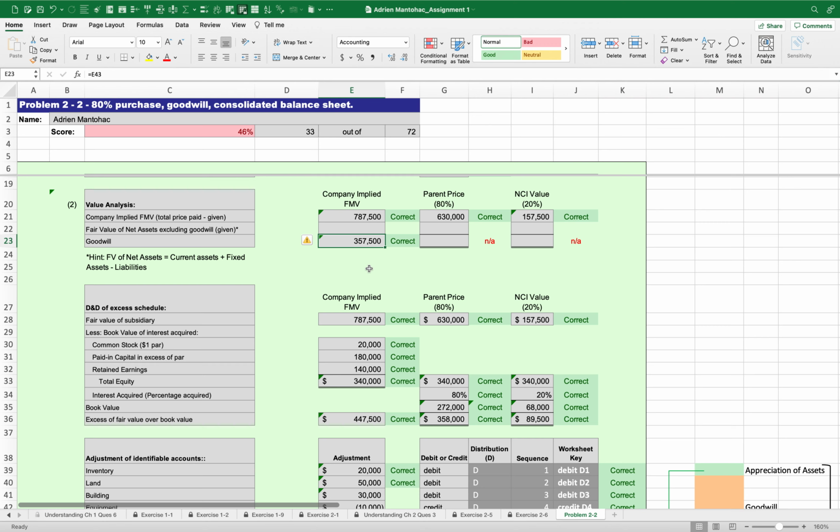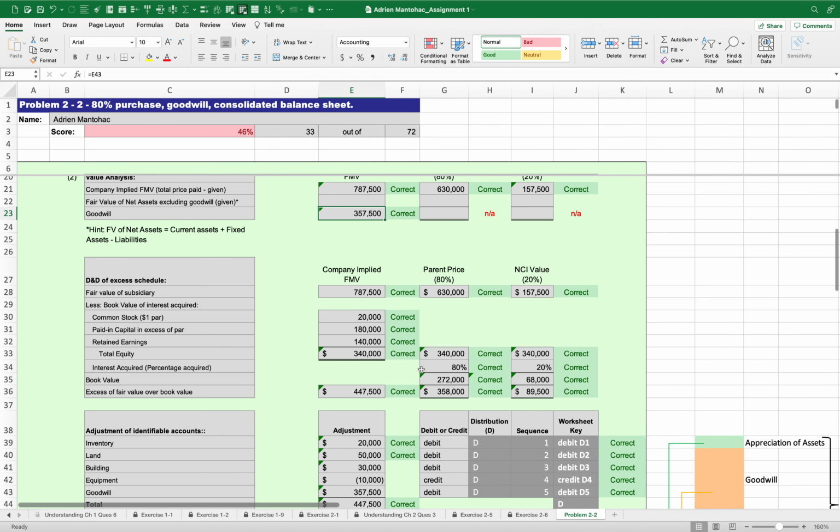In other words, someone came along and we had a goodwill of our subsidiary at 340,000. Somebody went ahead and paid 630,000 for 80% of that equity. And inherent in that appreciation was not only goodwill, but also a bunch of appreciation for assets as well, right?